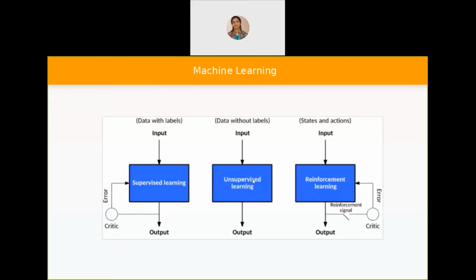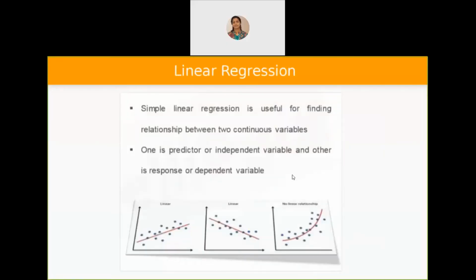In unsupervised learning, the data set we give is without labels, and based on the information gathered and pattern matching, it gives you the output. And in reinforcement learning, we give the output based on the learning that has happened with the errors that occurred, and we can get the desired output. So these are the types of machine learning.